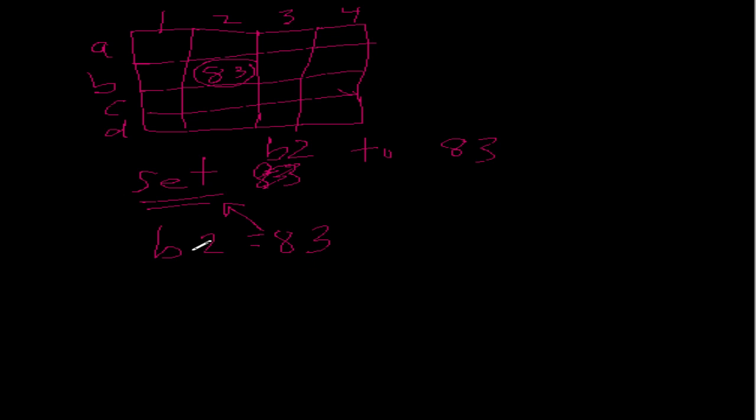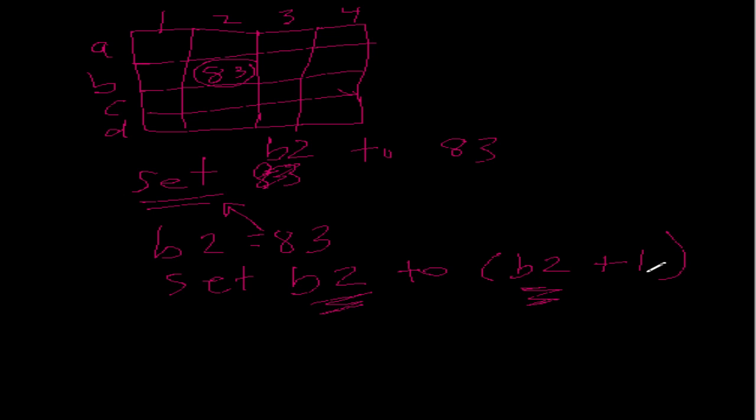The way you do it in programming is you say set B2 to, and I'll put parentheses around it just to make it clear, B2 plus 1. So we want to set some memory cell to what's in the memory cell plus 1.